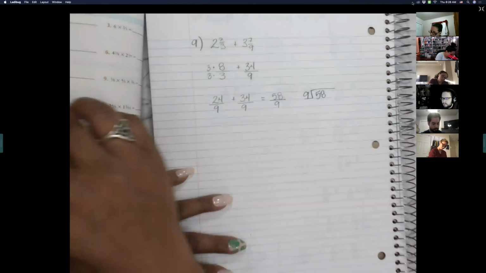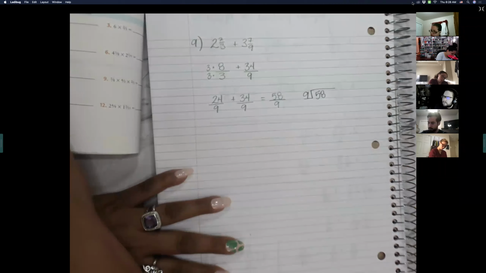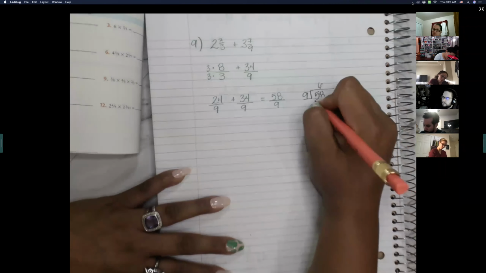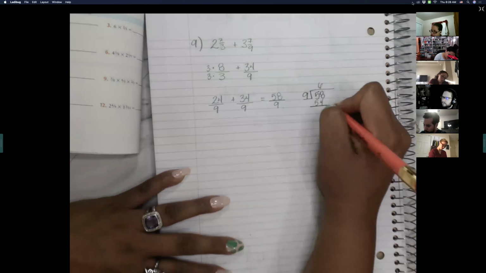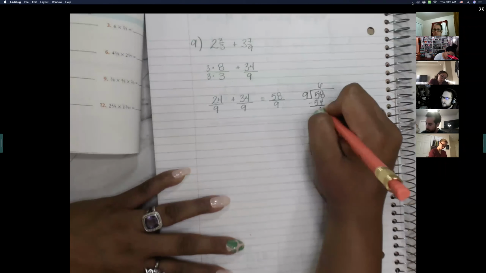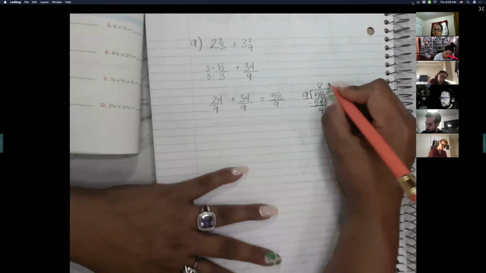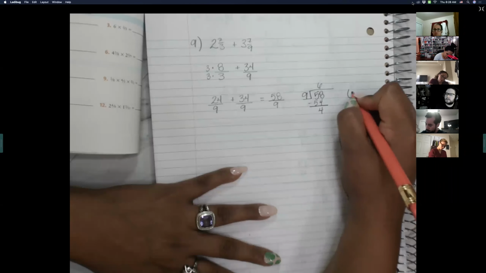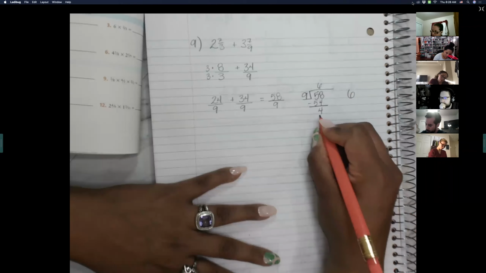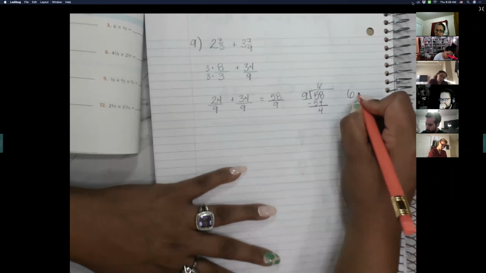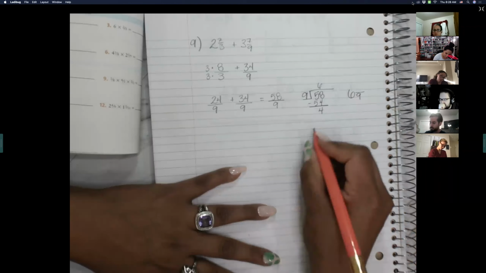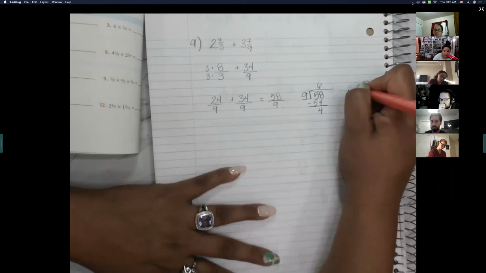That's going to give me, what is that? 9 times 6 is 54. We'll have a remainder of 4. So my mixed fraction is the whole number in front, the 6, with my denominator, the 9, and my remainder of 4 goes on top.